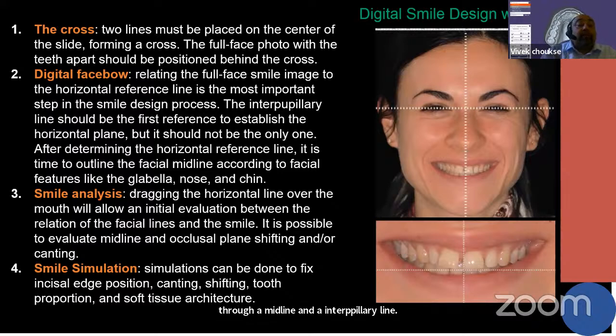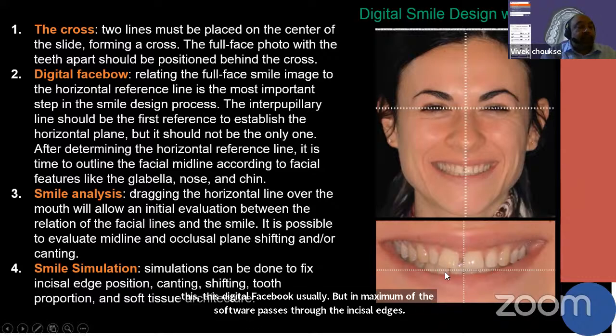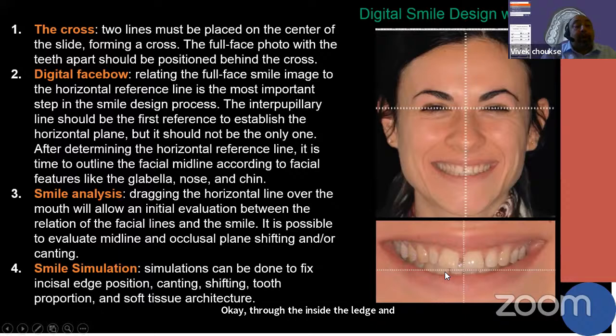Then the most important thing is a digital face bow. This digital face bow in most of the software passes through the incisal edges, and it is one of the important reference lines which gives us an idea whether there is a canting in the occlusal plane or not.